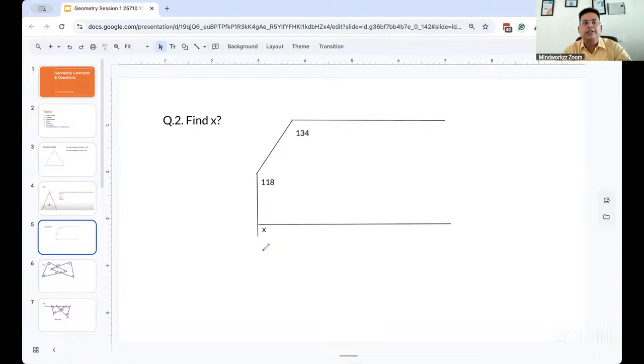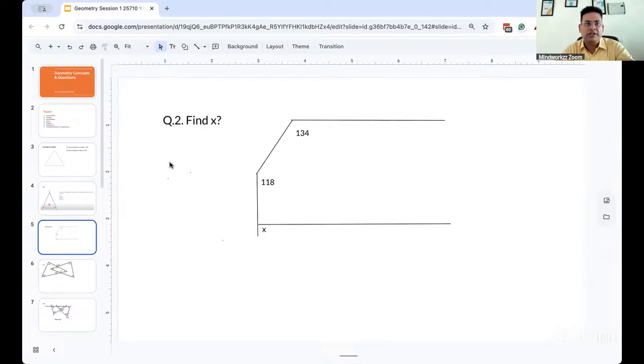This was done in the class today. For people who have done it in the class, they should be able to find it out. For people who have done geometry earlier but not done this question, try to find the value of X. Solve it. It is basically a practice session, so you need to solve.